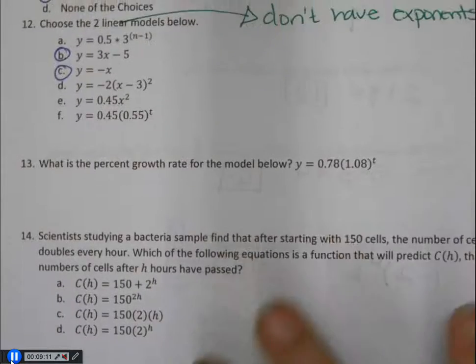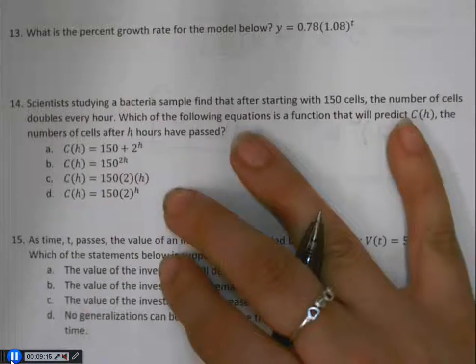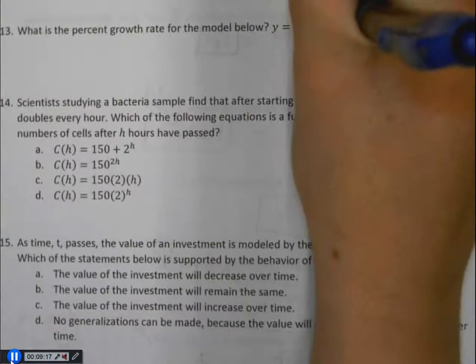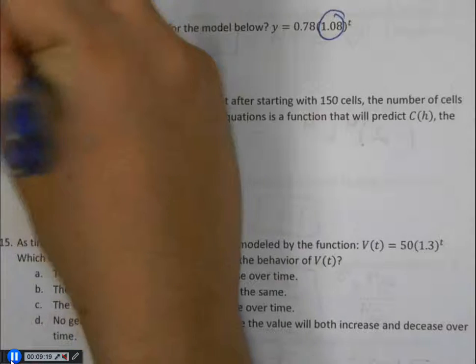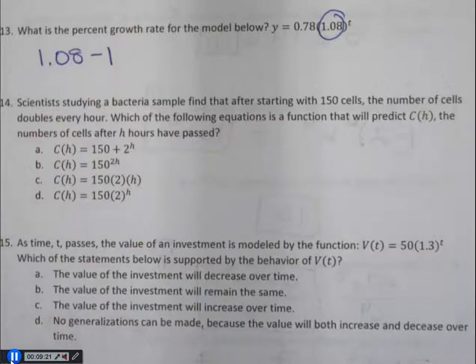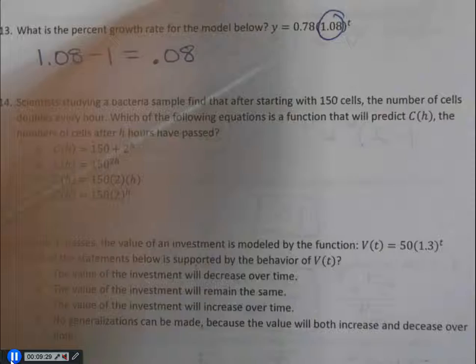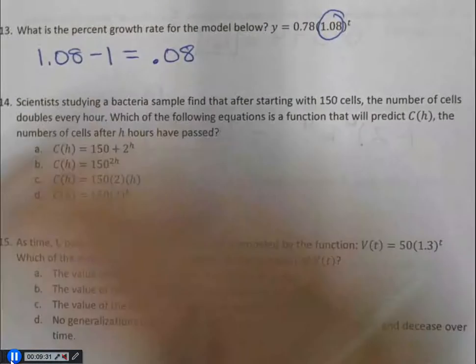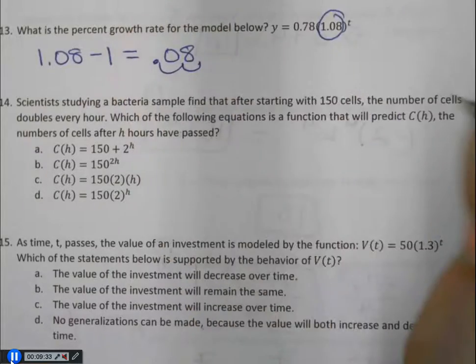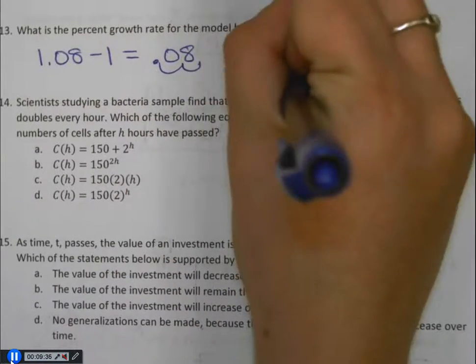Okay, so for number 13, I am wanting to find my percent growth. All I do is I take the number inside the parentheses, the 1.08, and I subtract 1, because remember, percents are out of 100, and 100 is 1 whole. So I do 1.08 minus 1, which gives me 0.08. And since it's looking for percent growth, I move the decimal over 2 to get 8 as my answer.